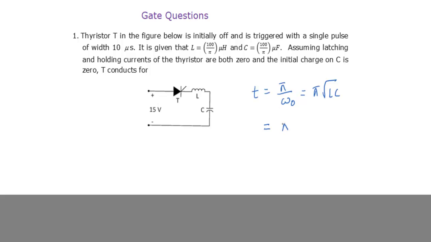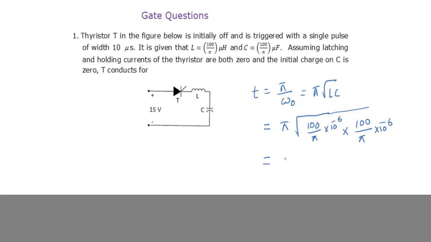So pi into root LC, where L is 100 by pi into 10 to the power of minus 6, and capacitance is also 100 by pi into 10 to the power of minus 6. If you look at here, 10 to the power of minus 6 times 10 to the power of minus 6 gives 10 to the power of minus 12. 100 by pi, 100 by pi squared, but under root.